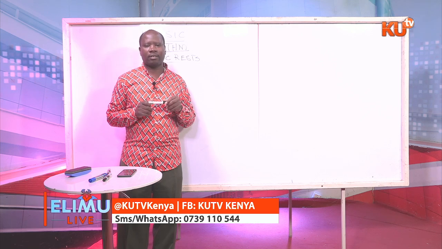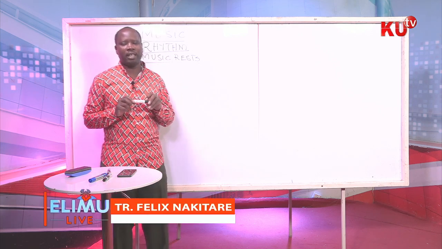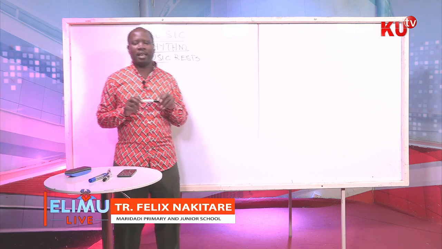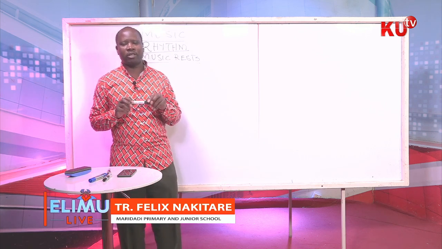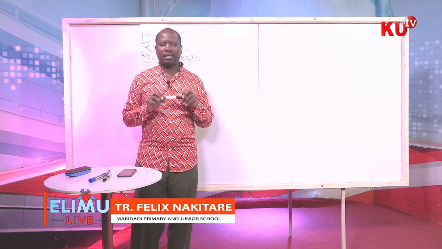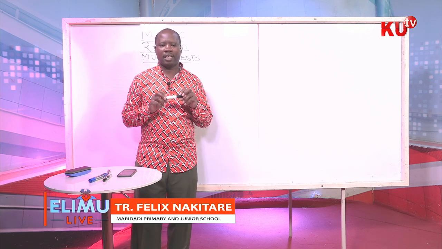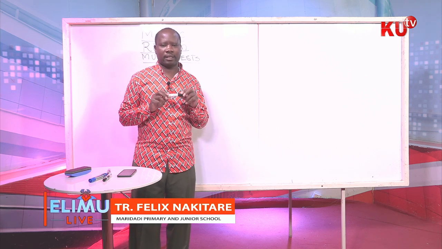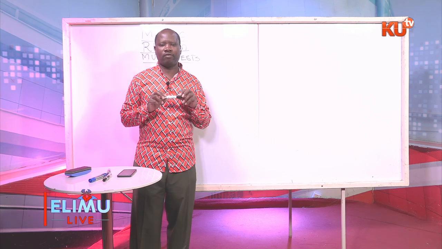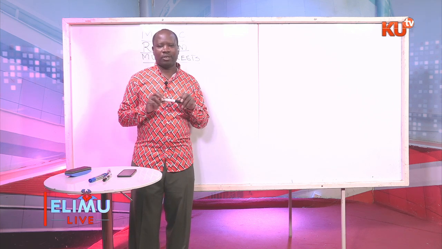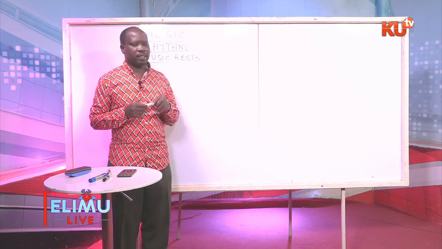In our last lesson, we started by looking at music notes. Initially, there were 4 notes. Then we added 1 more note, and it came to a total of 5 music notes that we learn in grade 6. So we shall be looking at these 5 notes to see what they guide us in our grade 6.